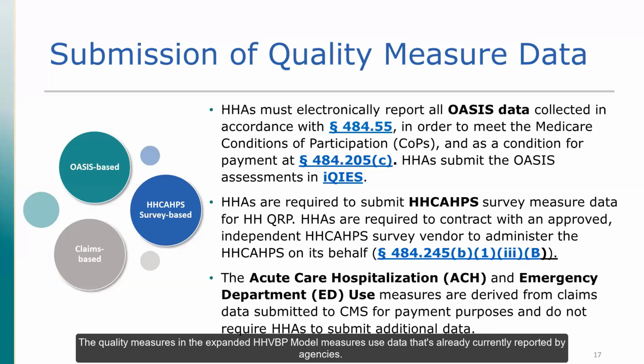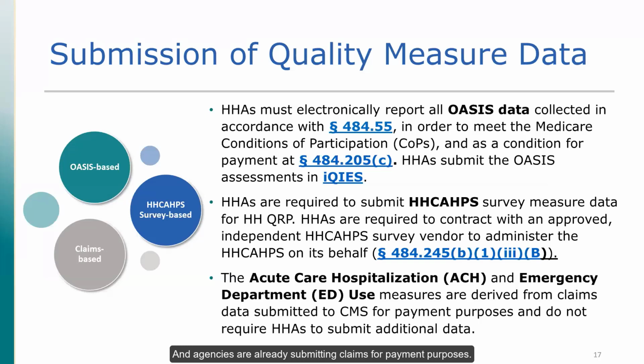The quality measures in the expanded HHVBP model measure set use data that's already currently reported by agencies. As required under the Medicare conditions of participation and as a condition of payment, agencies must already electronically submit all mandatory OASIS data that's collected. And agencies are already required to submit HHCAHPS survey measure data for the Home Health Quality Reporting Program.